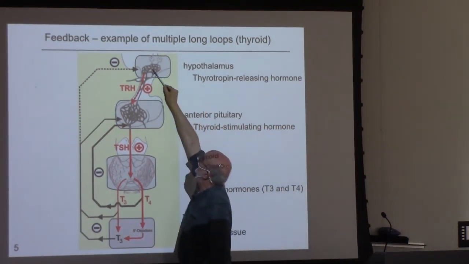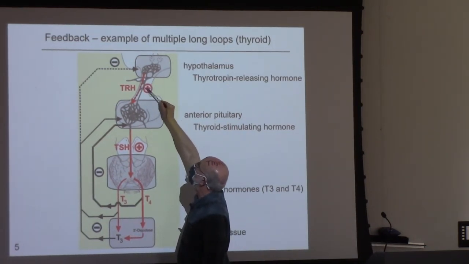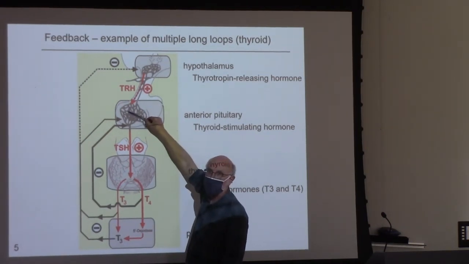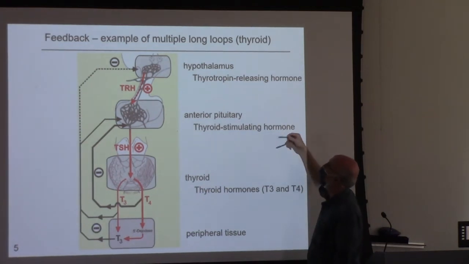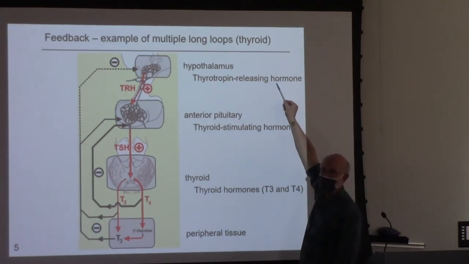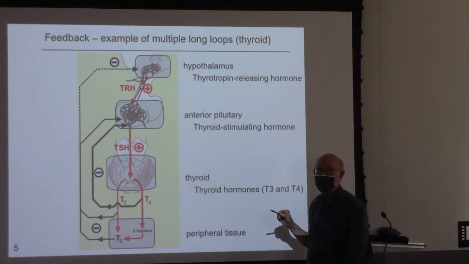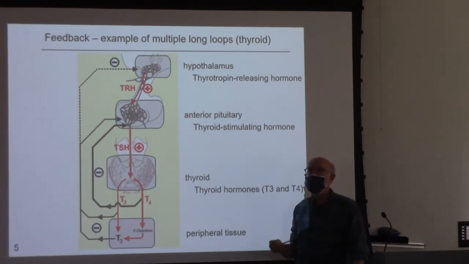TRH travels to the median eminence. TRH is released at the median eminence and travels to the anterior pituitary. The cells of the anterior pituitary that have TRH receptors release TSH. Those cells are called thyrotropes.